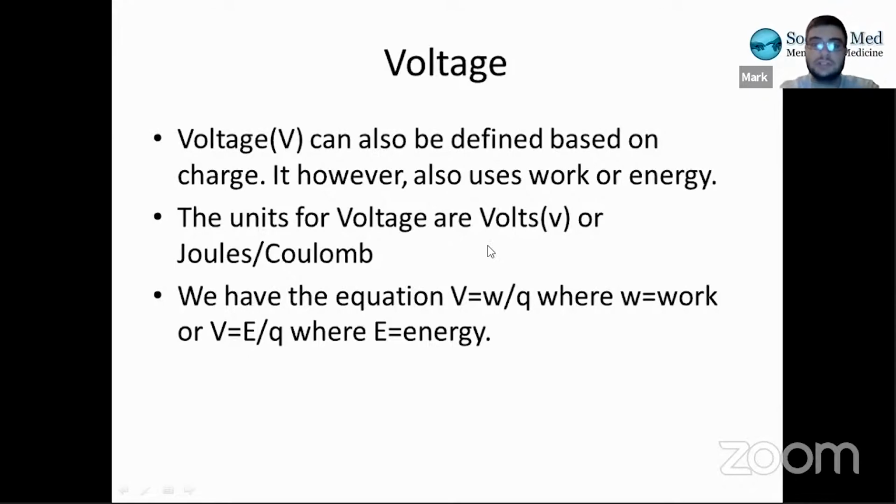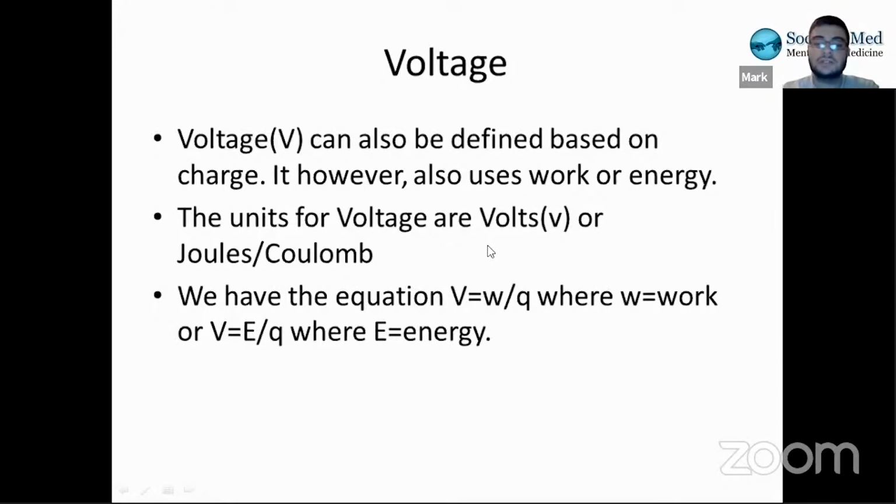Next is voltage. Voltage can also be defined based on charge. It, however, also uses work or energy. The units for voltage are volts. Voltage is written as capital V, and volts, the unit, is written as lowercase v. The units for volts can also be joules per coulomb.